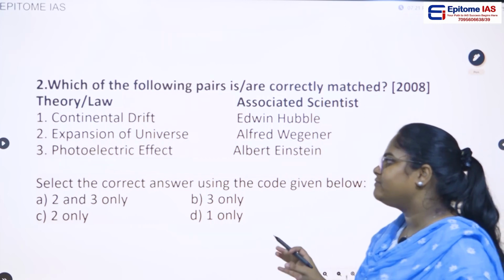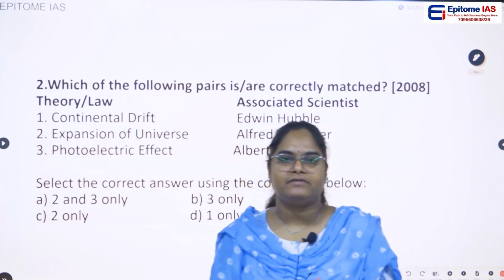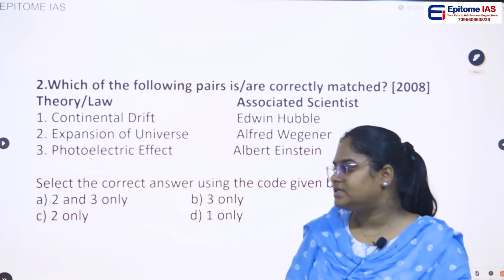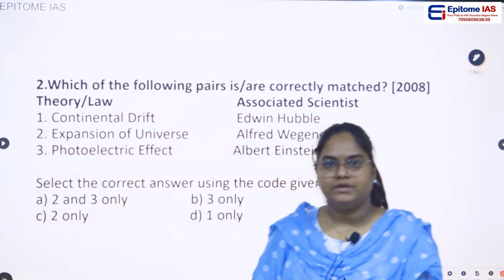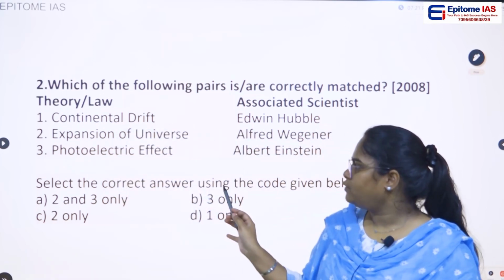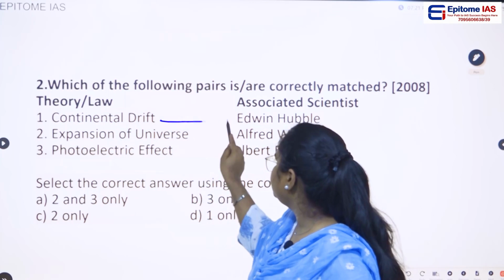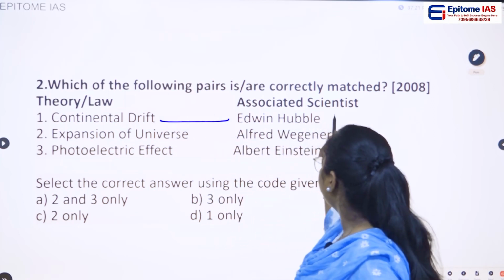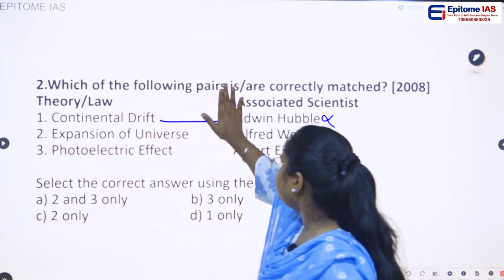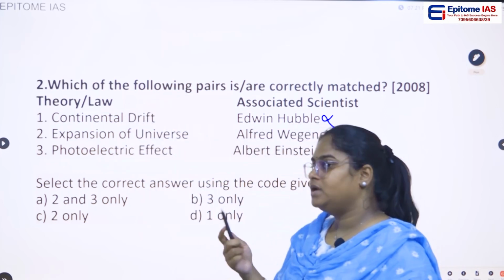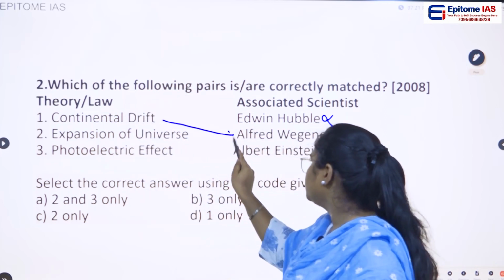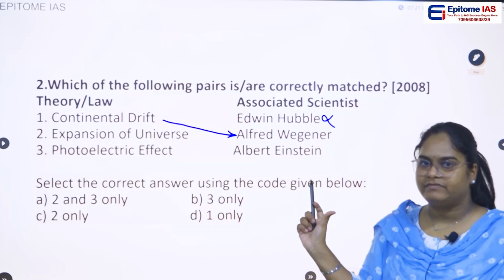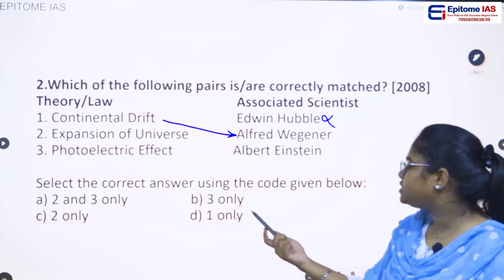In the first chapter we talk about the universe and the related theories. The continental drift theory is not related to Edwin Hubble. It is actually related to Alfred Wegener. We have read this in the static portion.